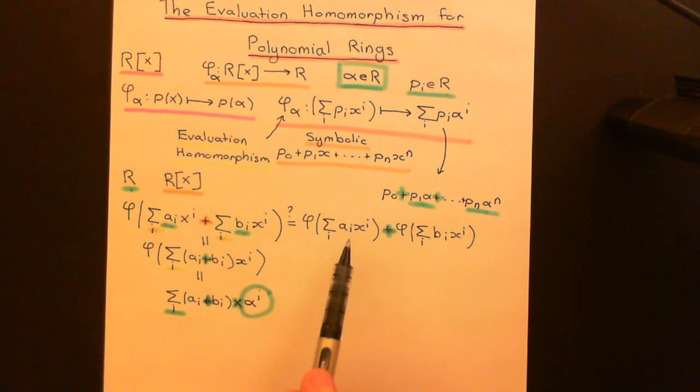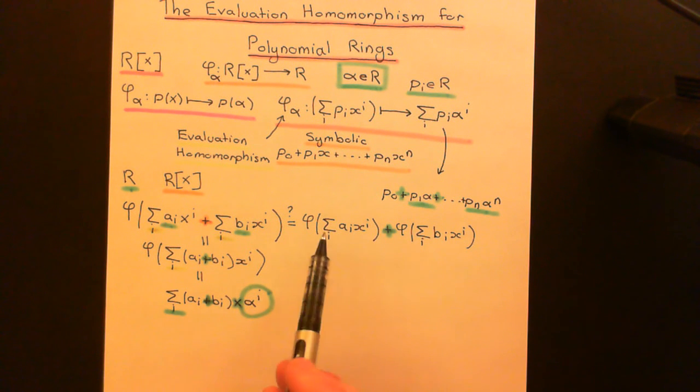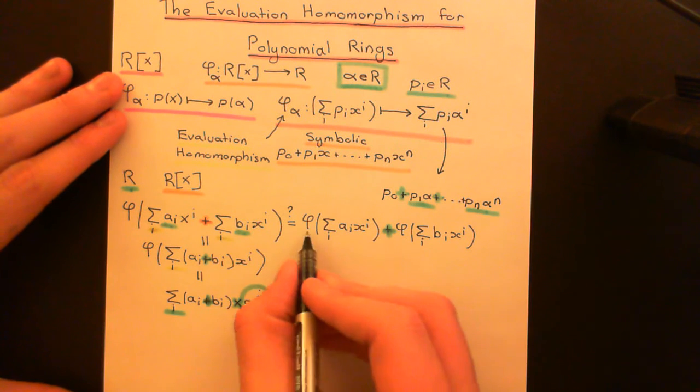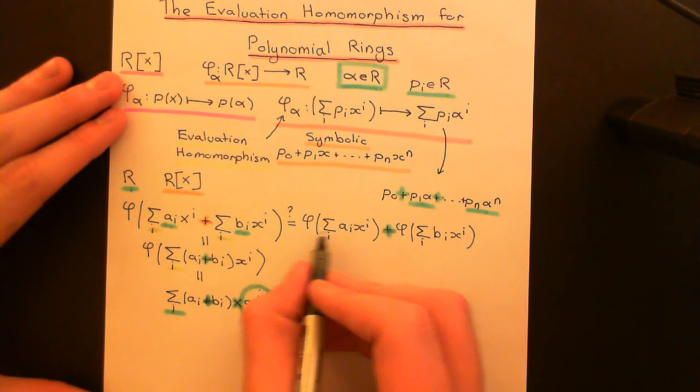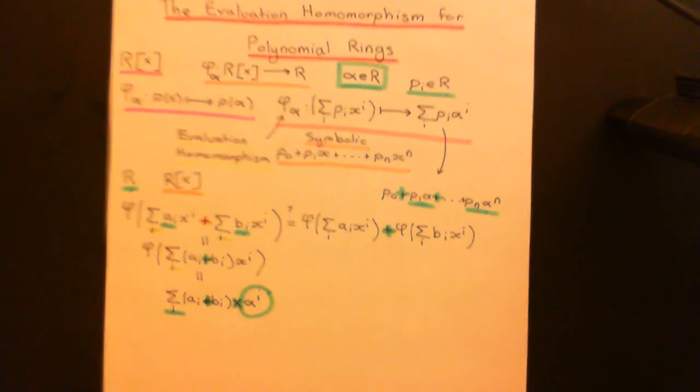Now what we'll do is develop the right-hand side here. So let's ask what is phi of a of x and phi of b of x, and then let's add them together in the codomain ring, capital R here. Phi of this polynomial a of x, so just apply the definition. Again, let's colour it in.